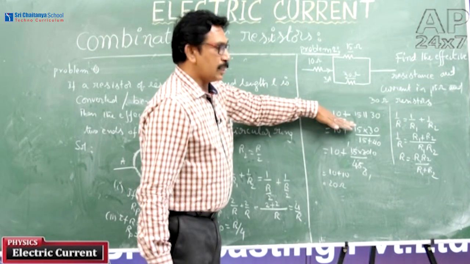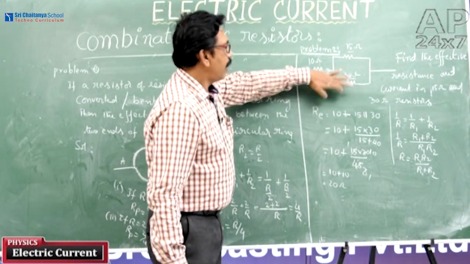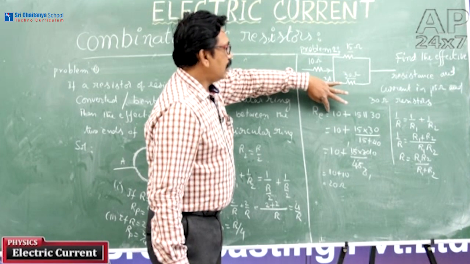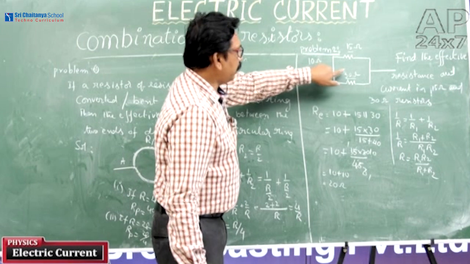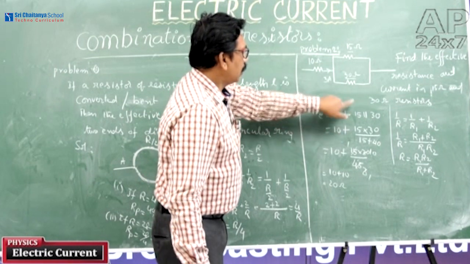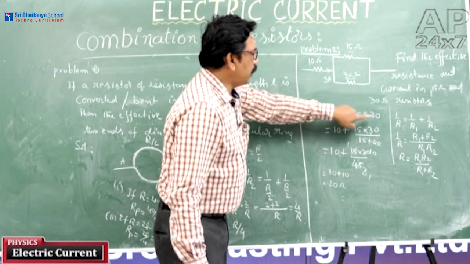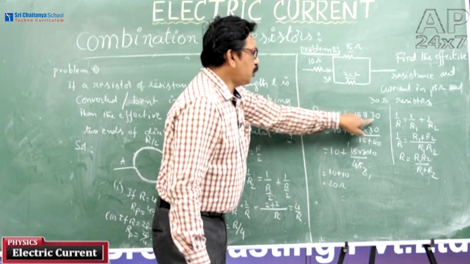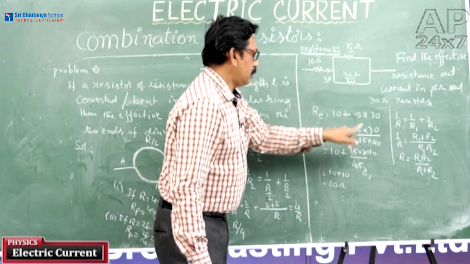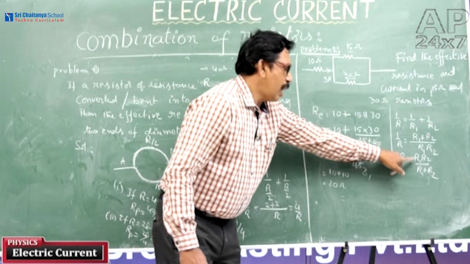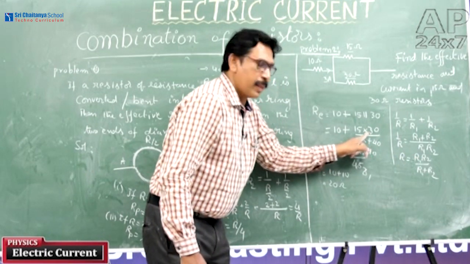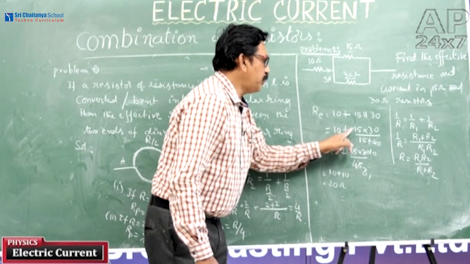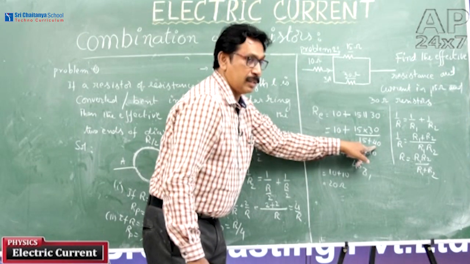This is like this. First of all, how to write? First you write the formula, that is the mathematical formula: 10 in series with this one plus the parallel combination, 15 is parallel with 30. These two resistors are in parallel. Then I can write the formula R1 into R2 by R1 plus R2. I wrote here 10 plus 15 into 30 by 15 plus 30.